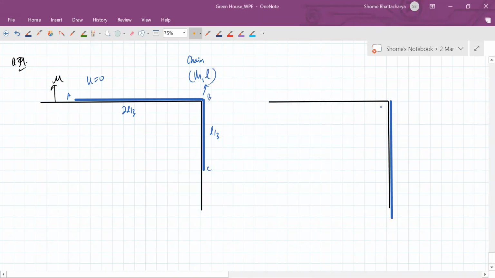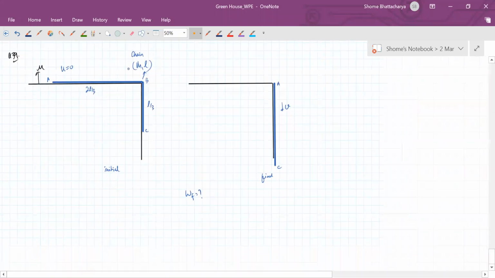By the time this is happening, the point A is reached here and the point C is here. So this is the initial state. This is the final state we are taking. We have to find the work done by friction. The coefficient of friction is mu.